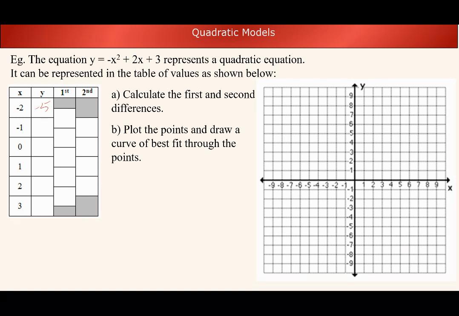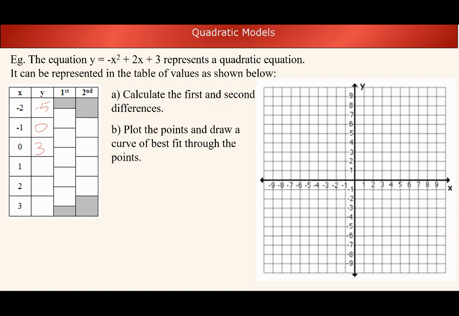Next one's going to be negative 1, so I go negative bracket, negative 1, close up my bracket, that's got to be squared plus 2 times negative 1 plus 3. Next value is 0. When I put all zeros in, I'm going to end up with 3 since the x squared and the 2x will both be 0.